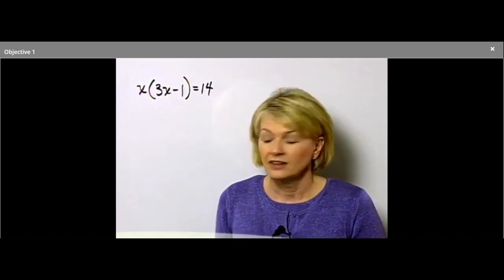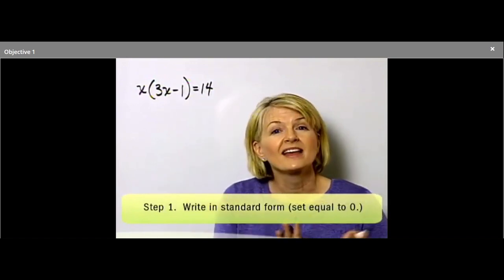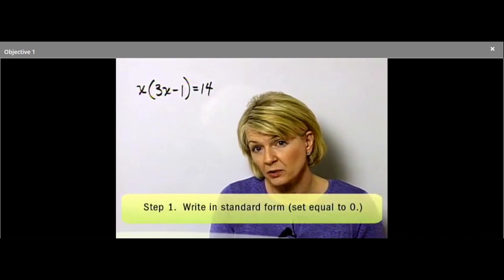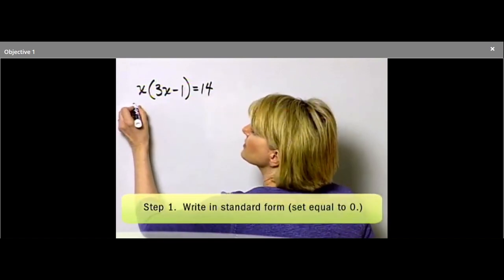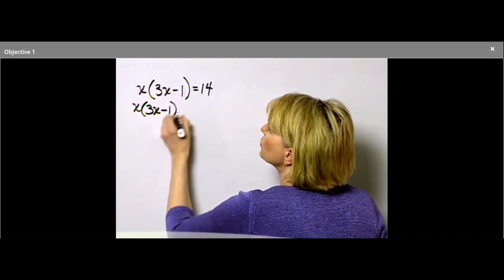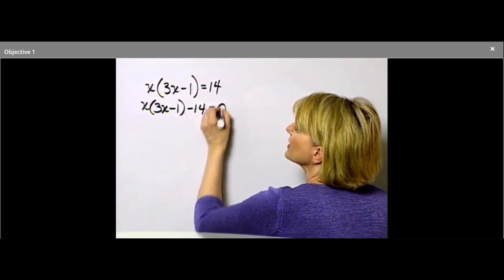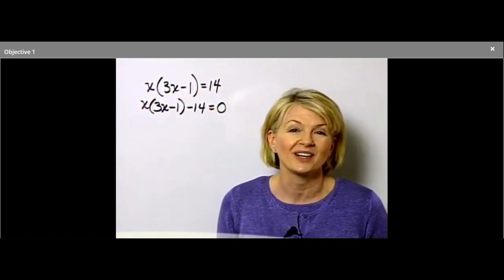Remember the steps? It's write our quadratic equation in standard form by setting it equal to 0. So in our case, that would be x times 3x minus 1. I'm going to subtract 14 from both sides is equal to 0.